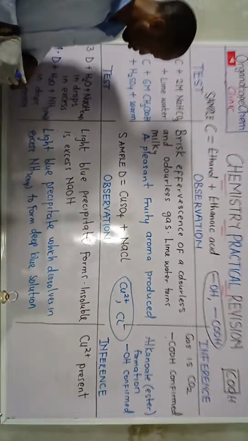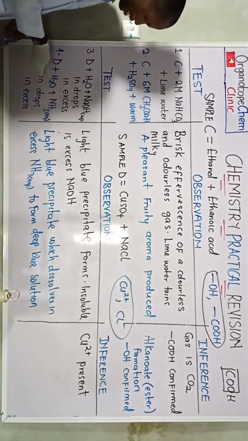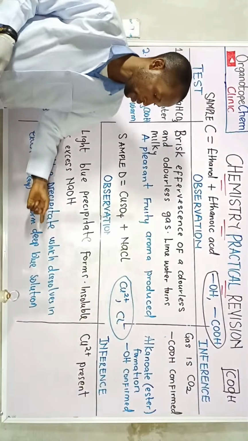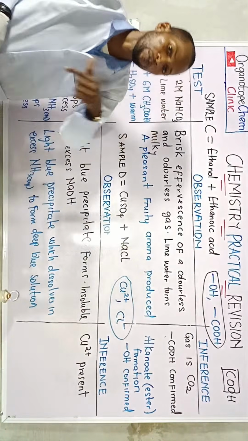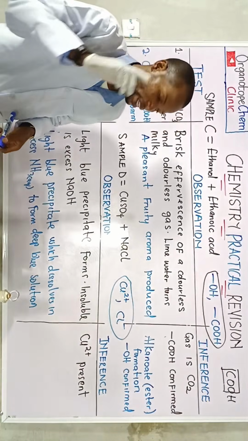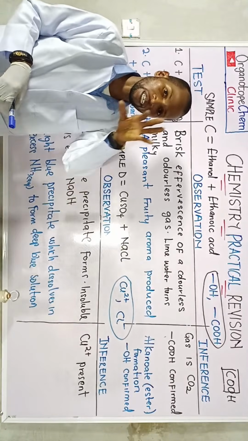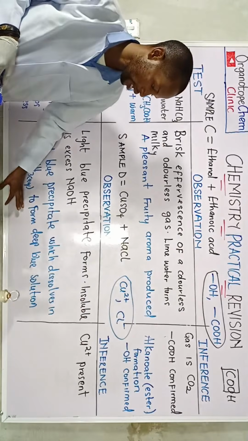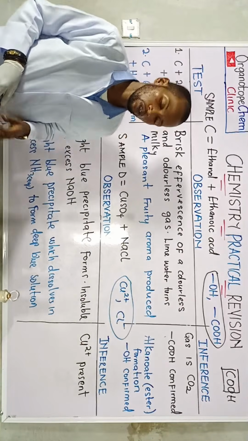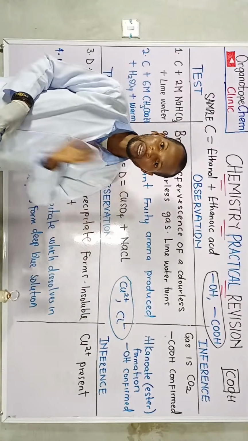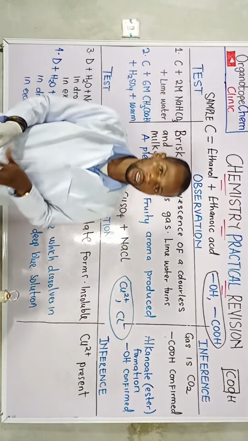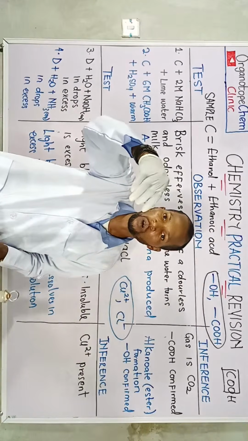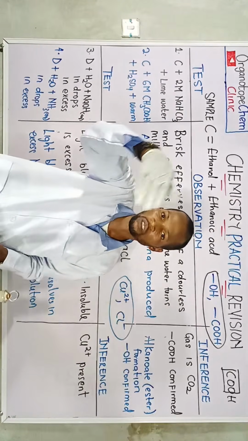All right. So when the ammonia was added in drops, we got what? A light blue precipitate. So when ammonia was added in excess, you are expected to see the precipitate dissolves in excess aqueous ammonia to form a deep blue solution. Precipitate is actually different from solution. Precipitate will have a cloudy solution.